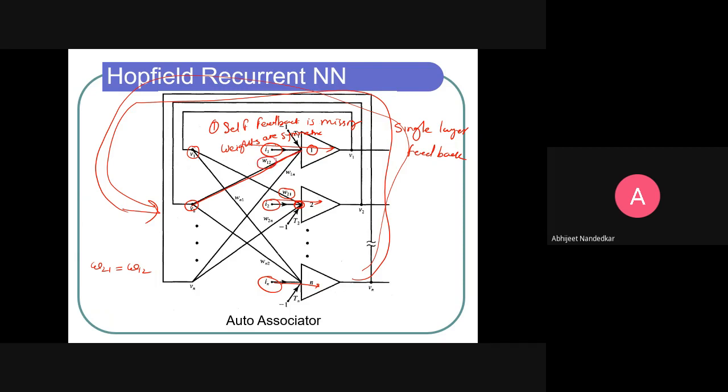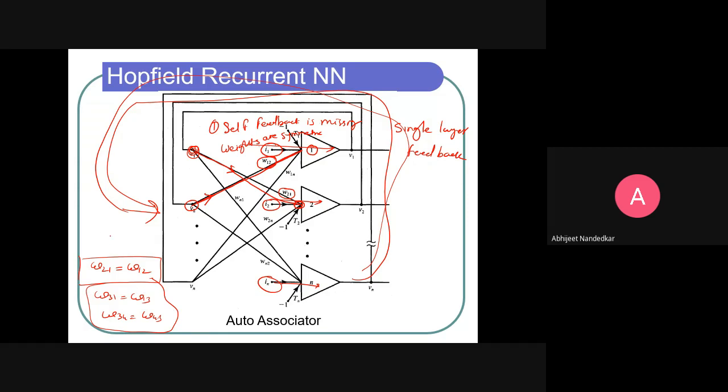has weight W12. So this connection from second input to first neuron and connection from first input to second neuron, they are the same. Okay. So like that, W31 equal to W13 and W34 may be equal to W43 and so on. So every connection here, when I flip the numbers, it's the same.